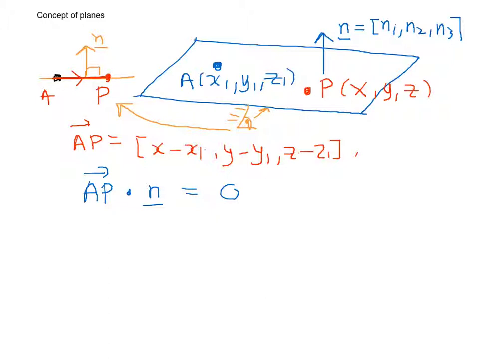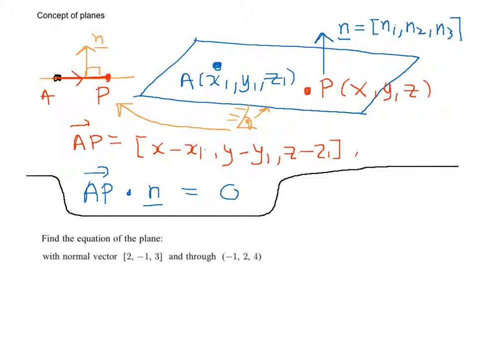Now I'm going to look at one example on finding equations of a plane. Here we see that the normal vector is 2, negative 1, 3, and the point is the point A in the formula, and the plane passes through this point.